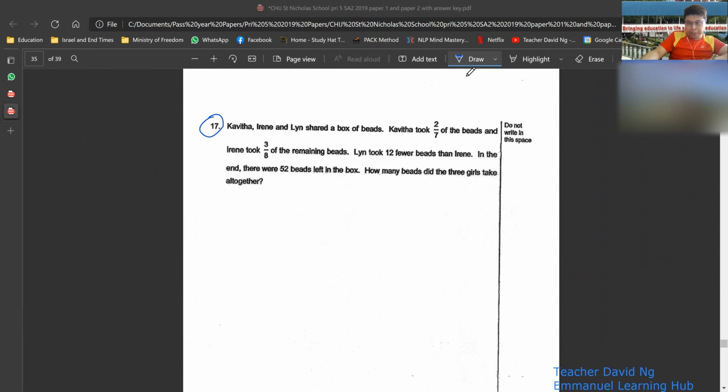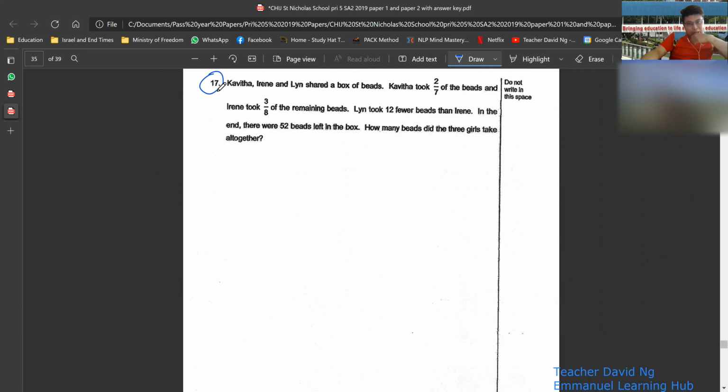The last question is a typical PSLE question. It's the typical question that schools like to set for fractions and model drawing. Kavita, Irene, and Lynn shared a box of beads.